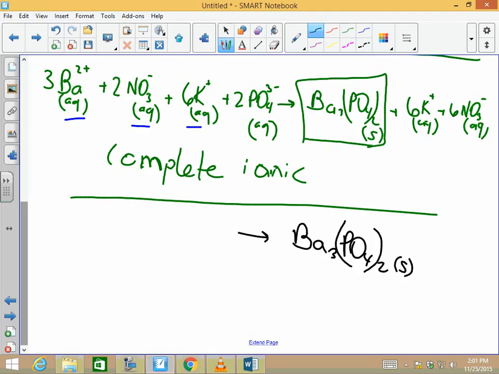Okay, what did I use to make that? I used 2 Bas, 2 bariums, charge of 2, and it is aqueous. And I used that with the addition of PO4. I used 2 PO4s, charge of -3.